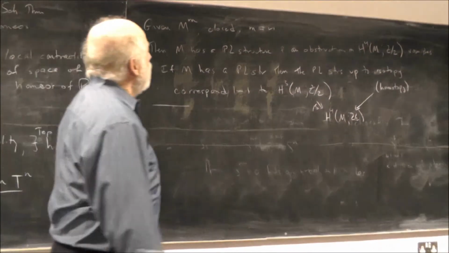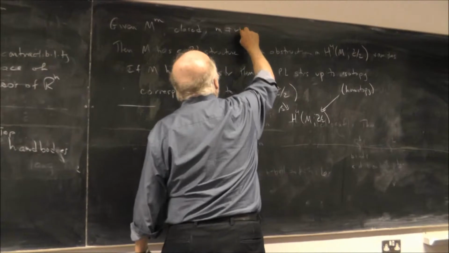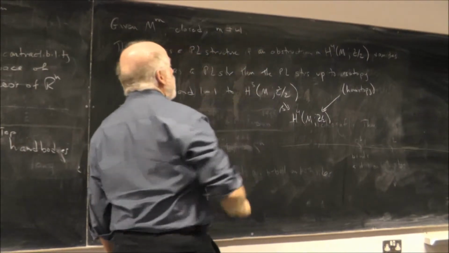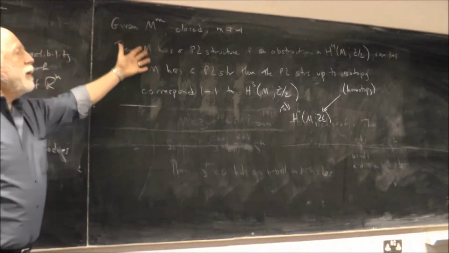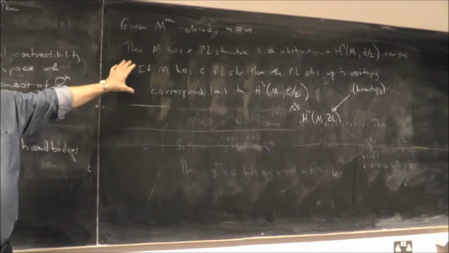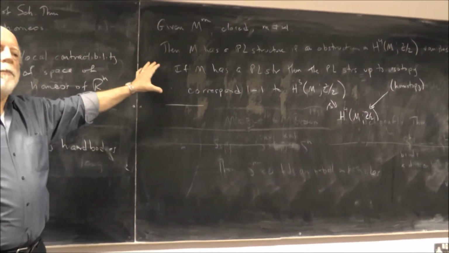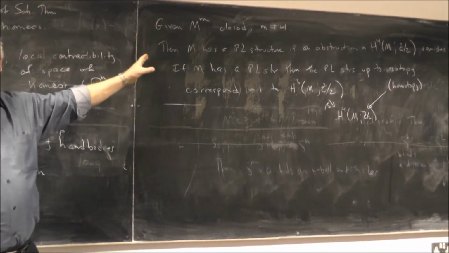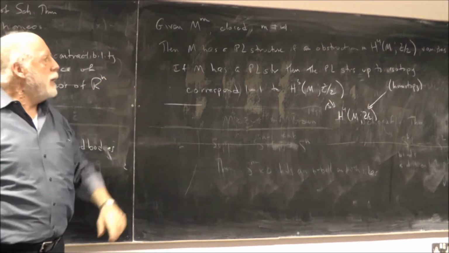So we want to get at this. This is for m not equal to 4. In dimension 3, the way we prove this can be used to prove it for 3-manifolds as well. This was written up in a master's thesis at Oxford by A.J. Hamilton.